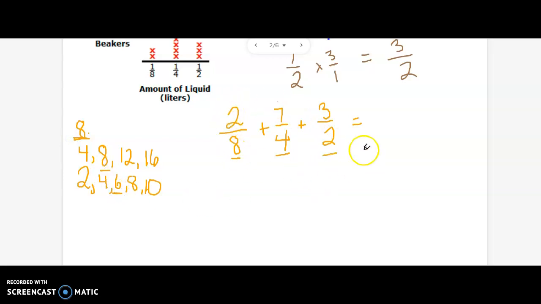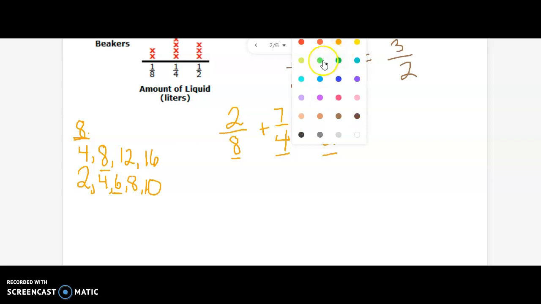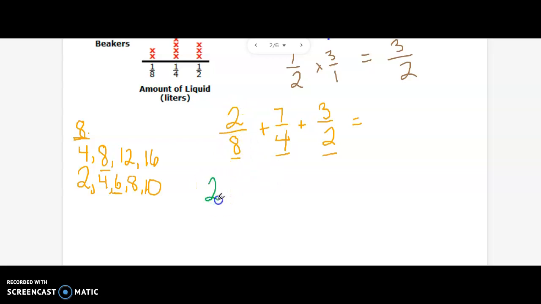So I'm going to make all three of my fractions equivalent to a fraction with a denominator of 8. So 2/8 is going to stay 2/8. And 7/4, I'm just going to take away that, just because it helps me. When I want to make that into a denominator of 8, I'm going to multiply 4 times 2.